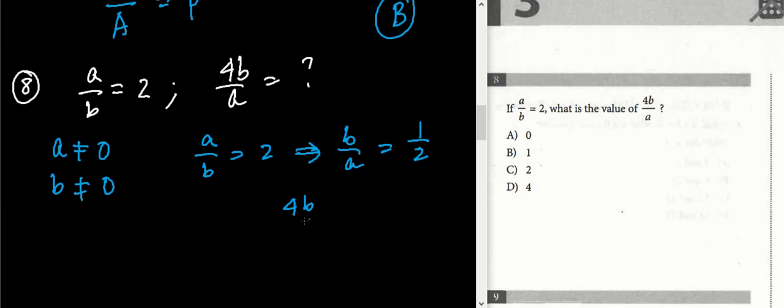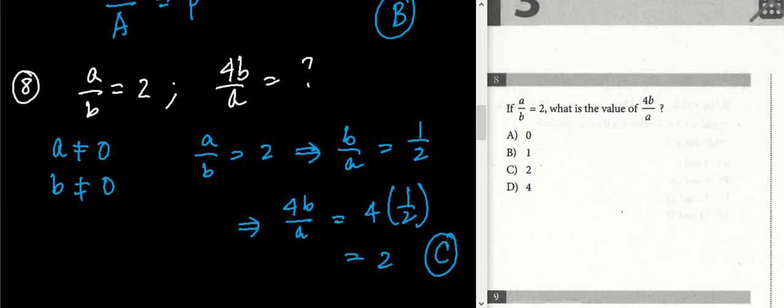Now we're looking for 4B over A, which is simply 4 times this first quantity. So that must mean it's also 4 times this quantity, which is equal to 2. So in this case, our answer is C. This problem is nothing other than recognizing that what we're given is in one form, and we need to get it into another form.